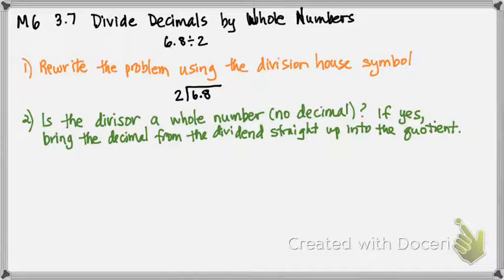Okay, so what does that look like for our friend? So we've got 2, and it's being divided into 6.8. I notice that I don't have a decimal in my divisor, so I'm going to bring my decimal point straight up and into my quotient. So it's where it needs to be. Now I can pretend I'm just dividing 2 into 68 at this point, really is what it is. But I got to make sure I keep things lined up, okay?